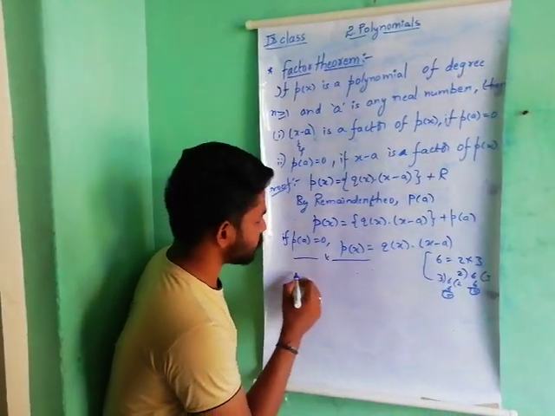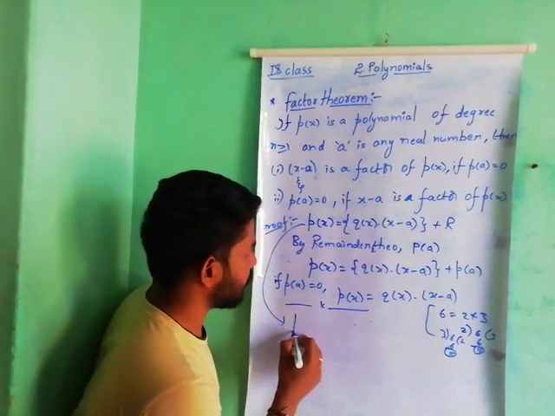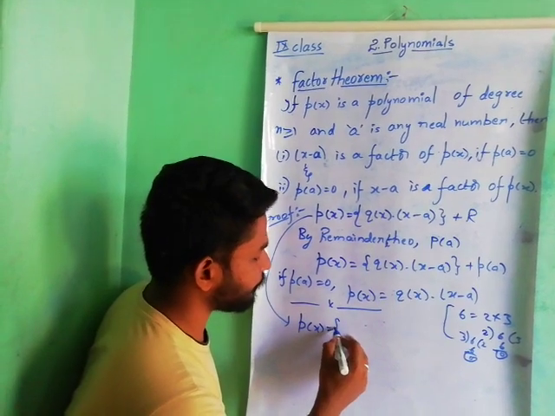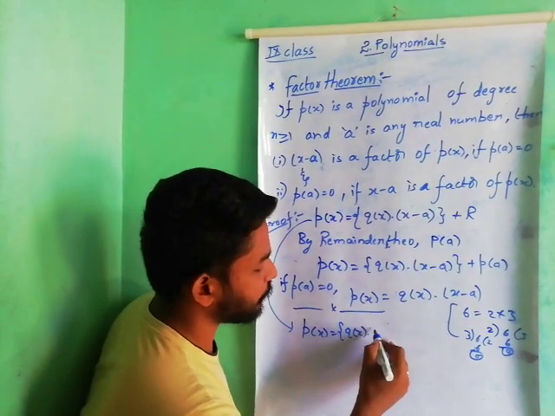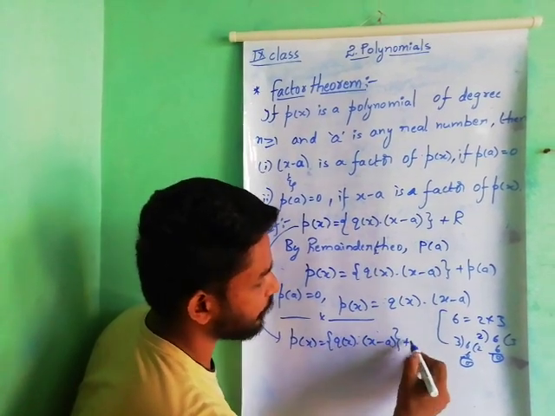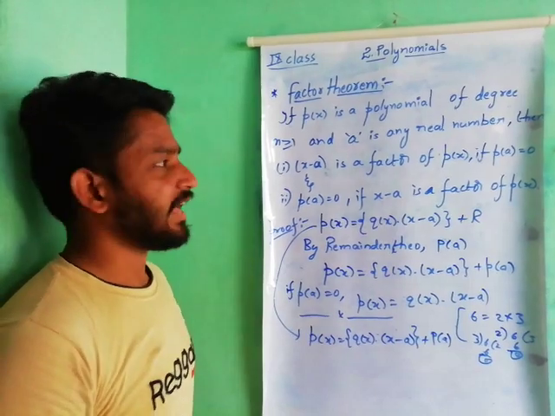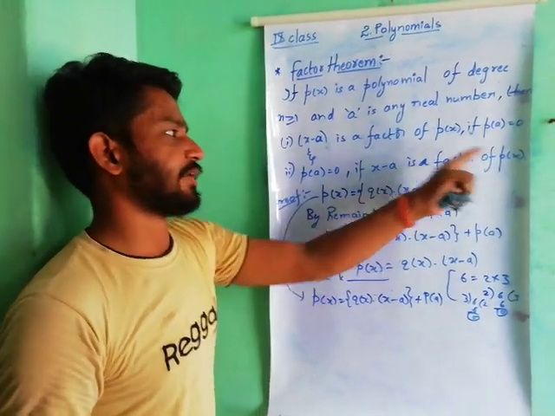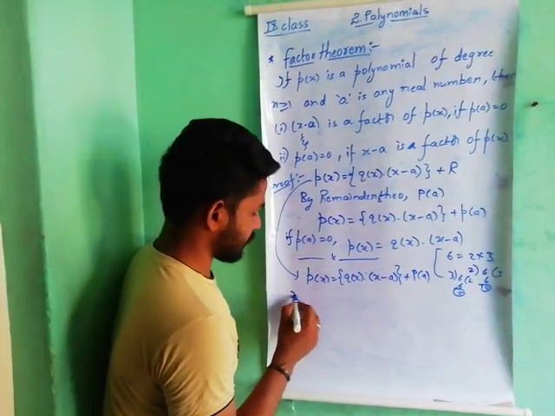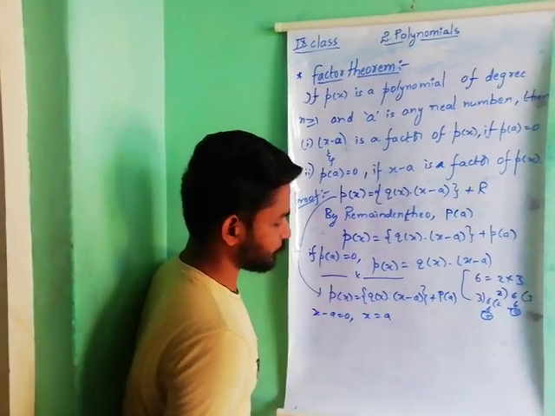So here also, I take the identity again for the second part. P of x is equal to q of x into x minus a plus the remainder p of a. X minus a is a factor of p of x, means x minus a is equal to 0, so x is equal to a.